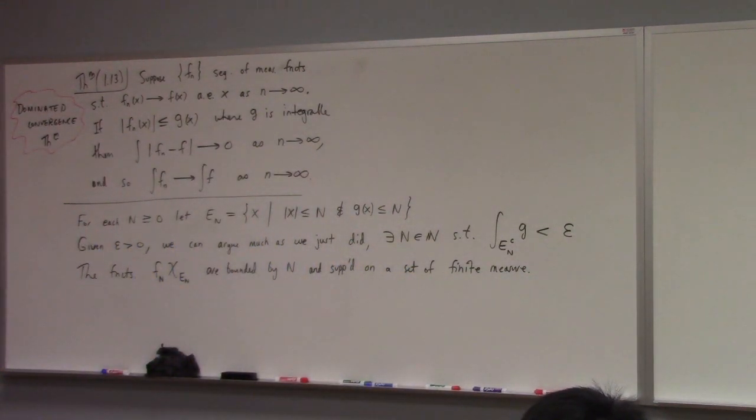Does that make sense? I guess it's clear that the measure of En is finite because it's bounded, it's inside the ball of radius n, right? So it can't have infinite measure.